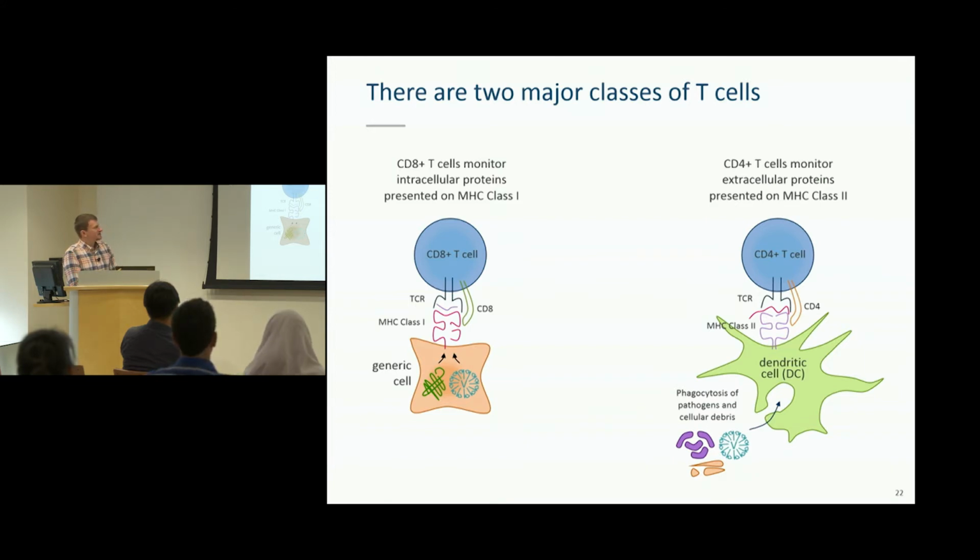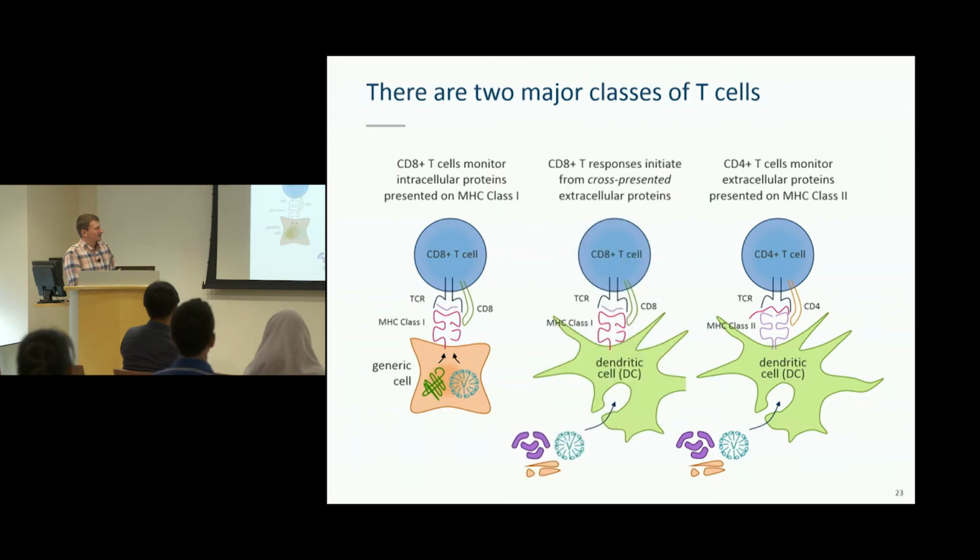So these are the two main modes, but there's also something called cross-presentation, which is when extracellular stuff gets into an endosome, like an interior vacuole, and then leaks outward into the cytosol, and then gets presented on MHC Class I. And this is a very important process in vaccinology because typically you have some exogenous antigen.